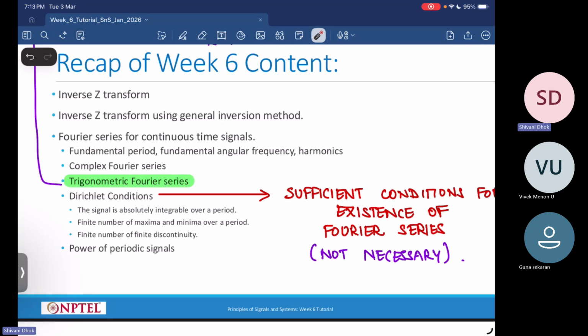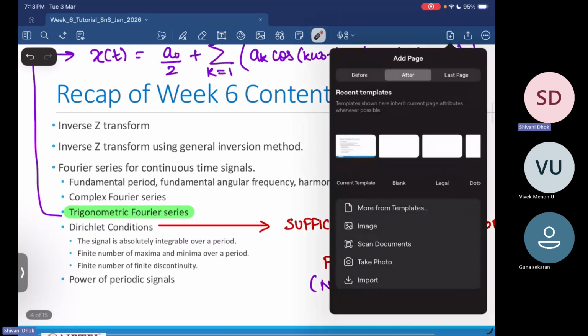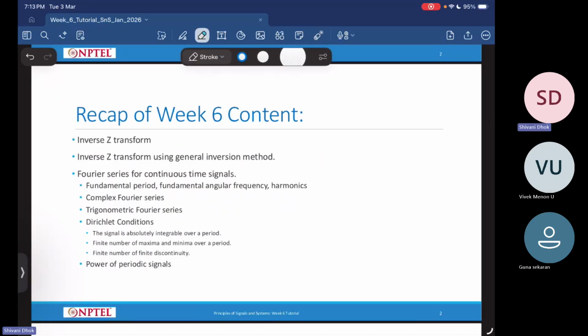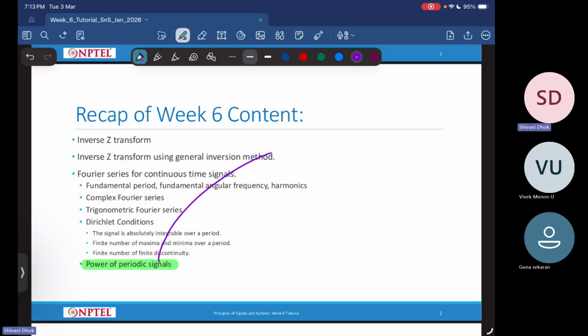And after that, we looked at another important point in this Fourier series and all those representations. We'll revisit this particular thing multiple times. This is the power of periodic signals. Let's say you have x of t and its Fourier series coefficients are given by c k's.